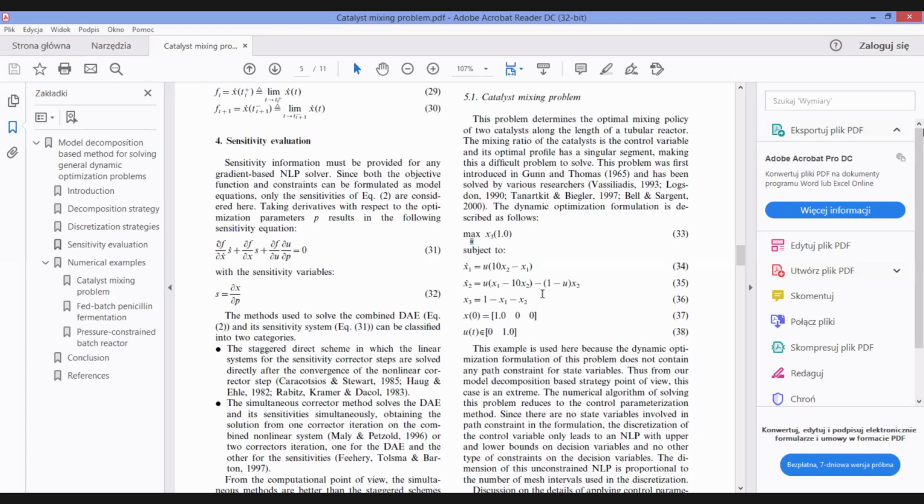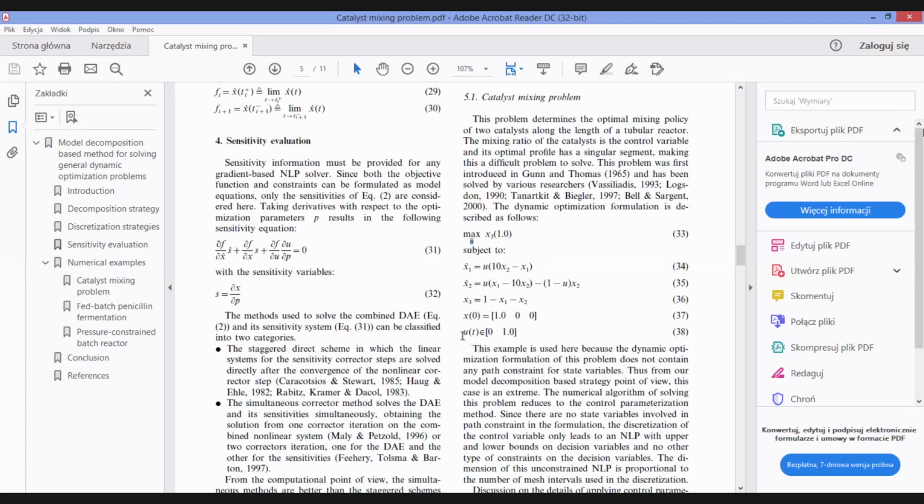And we have our equations, we have initial conditions, and we need to find a control function which is between 0 and 1.0.